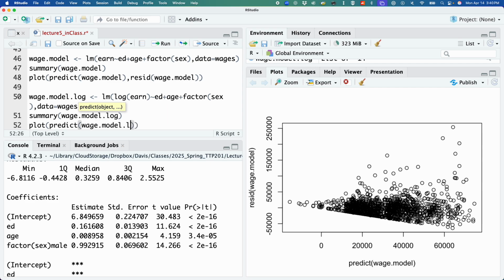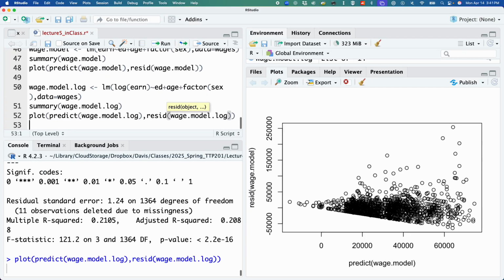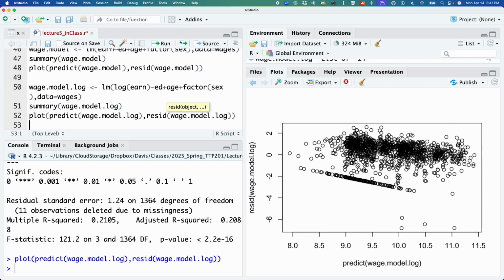Okay, let's look at wage model log, the residuals again. Okay, we're looking better here. This part looks good, and then I got some weird stuff going on over here. Oh, yeah.